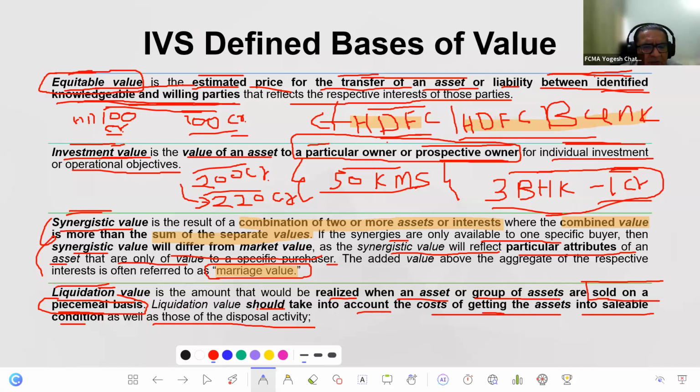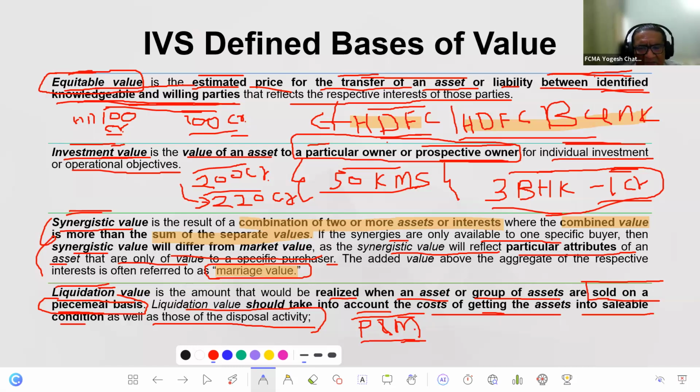In other words, supposing there is a factory and a very big plant and machinery installed in that factory, and that plant and machinery is proposed to be sold separately, the building separately and the plant and machinery separately.